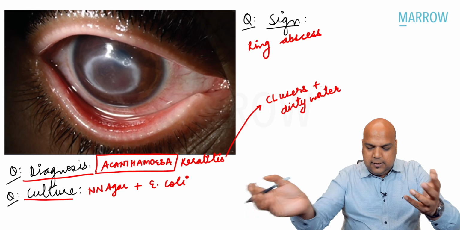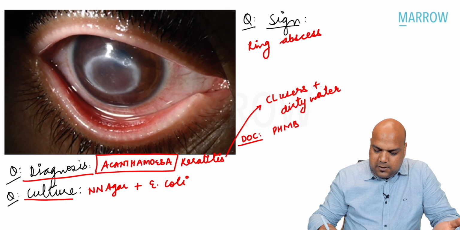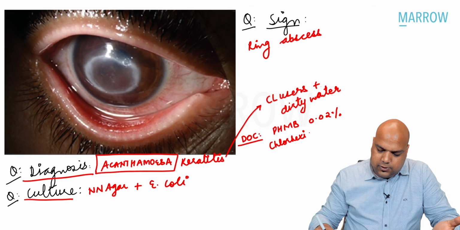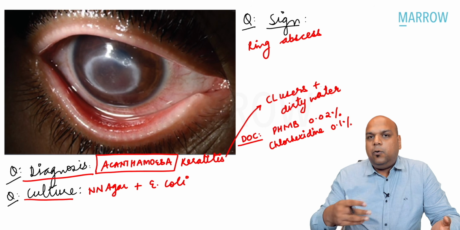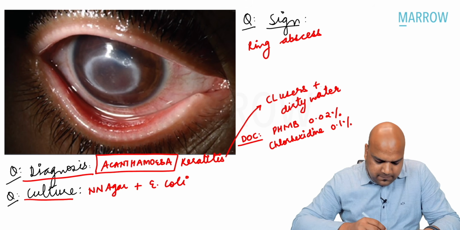That is the culture. Also, one dubious question is, what is the drug of choice? As I have always told, I'll just repeat: PHMB 0.02%, but it is not commercially available. That is why we have to make a solution of chlorhexidine eye drops 0.1% out of a solution of chlorhexidine mouthwash, right? That is what the answer is.